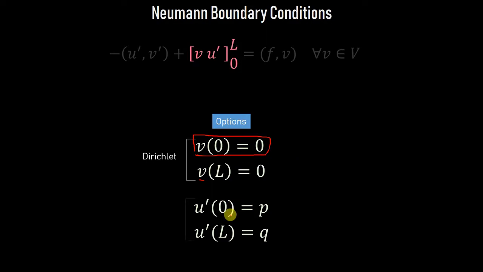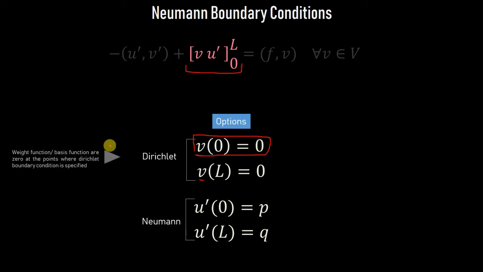Okay, and these conditions are for the Neumann boundary condition. If you specify Neumann at 0, it will be directly equal to p, and if you specify it at L, it directly becomes equal to q. So this depends on the problem that you are tackling. Okay, so these are all the things that you can have. This is how you handle this part of the weak form.